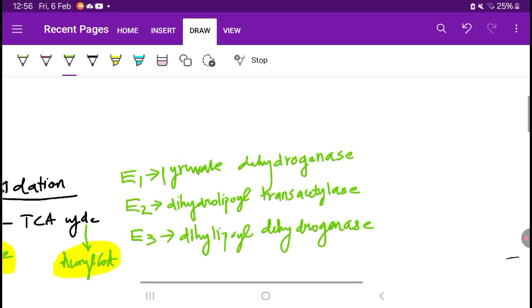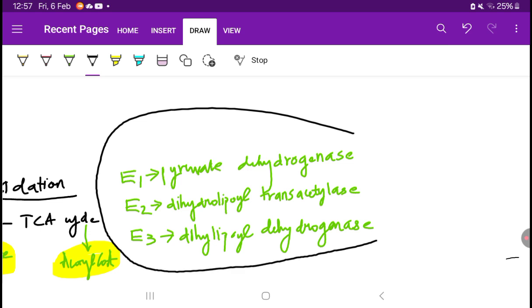So this is basically an enzyme complex containing the subunits E1, E2, E3.